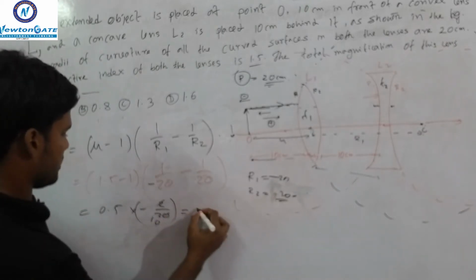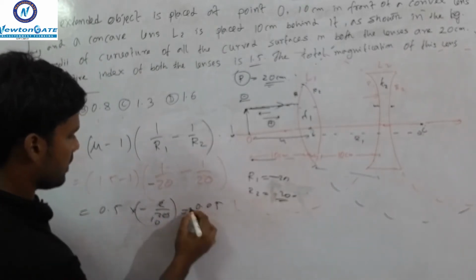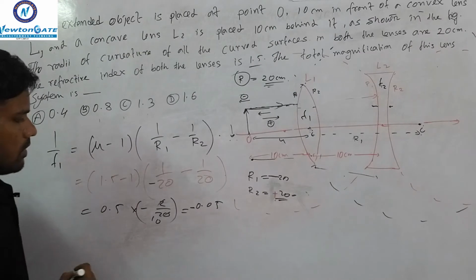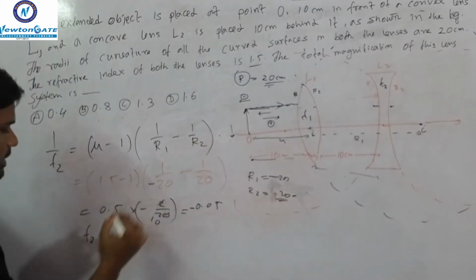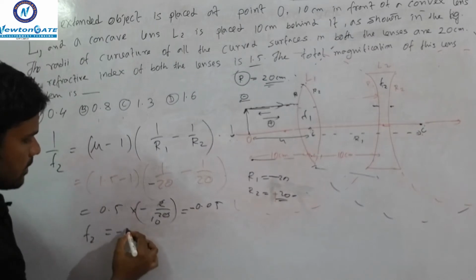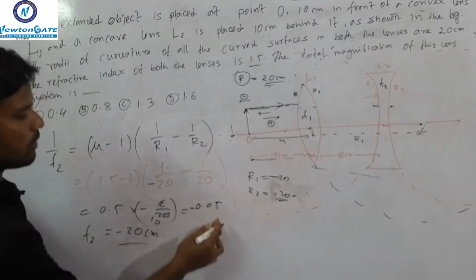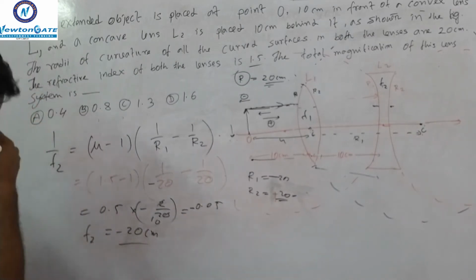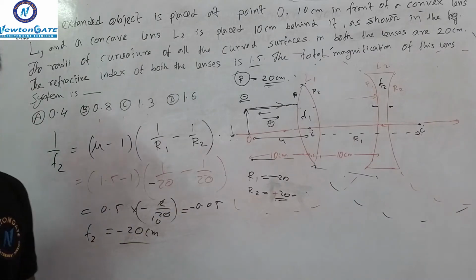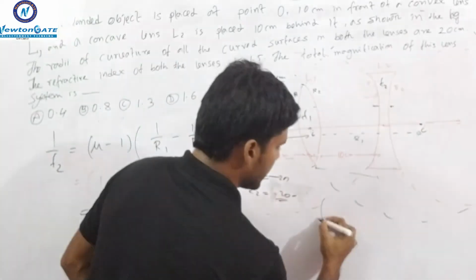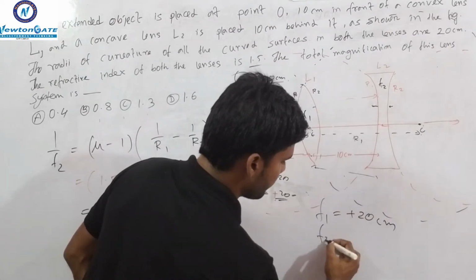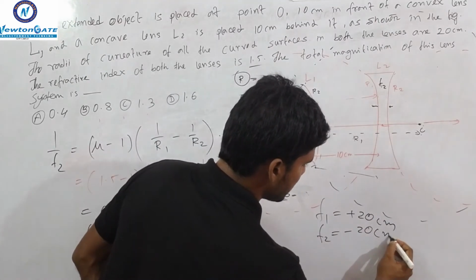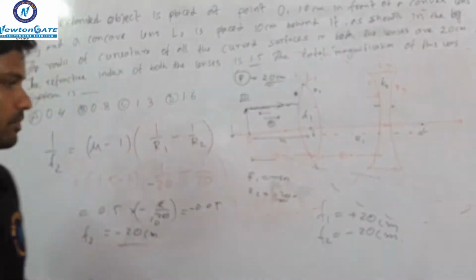The same calculation gives 0.05, but negative, so this is f2 for the second lens. f2 should be minus 20 centimeter, since 1 by 0.05 is 20 with the negative sign. So we get f1 equals plus 20 centimeter and f2 equals minus 20 centimeter, right?